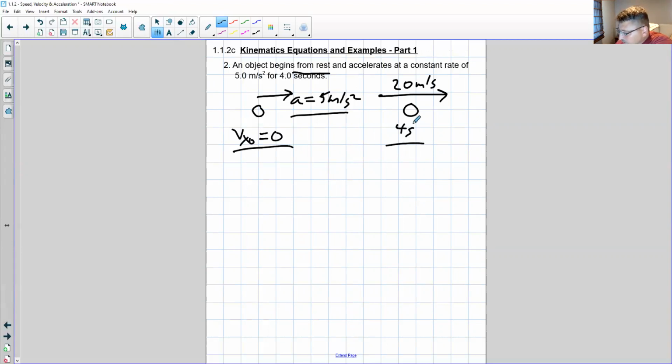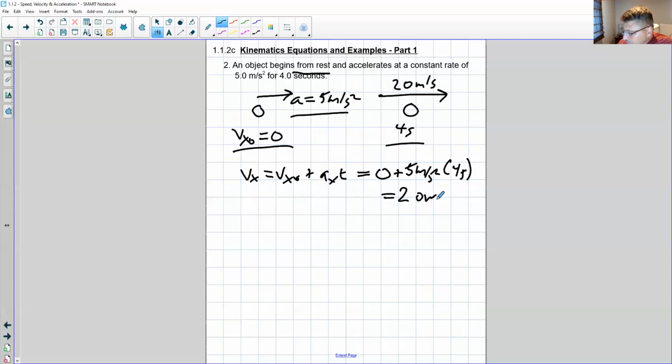So we could put it into a calculation just for the sake of formality. Vx equals Vx naught plus axt. So 0 plus 5 meter per second squared times 4 seconds gives us a final speed of 20 meters per second.